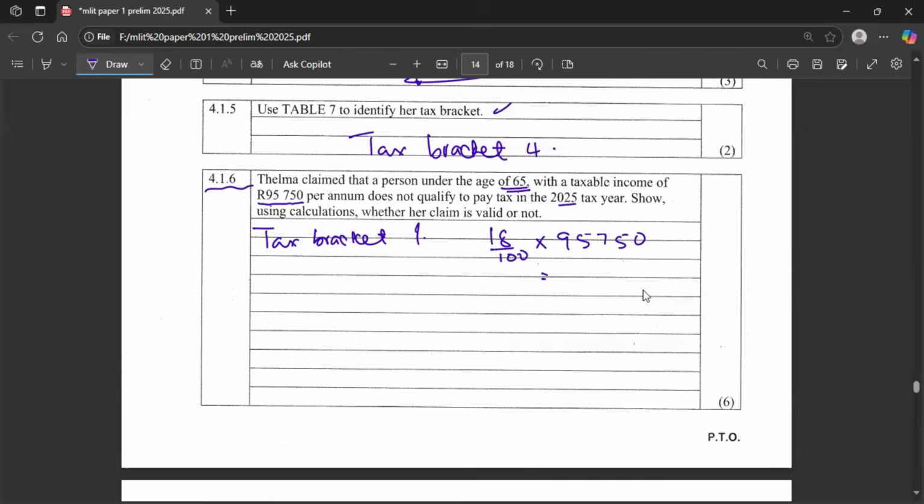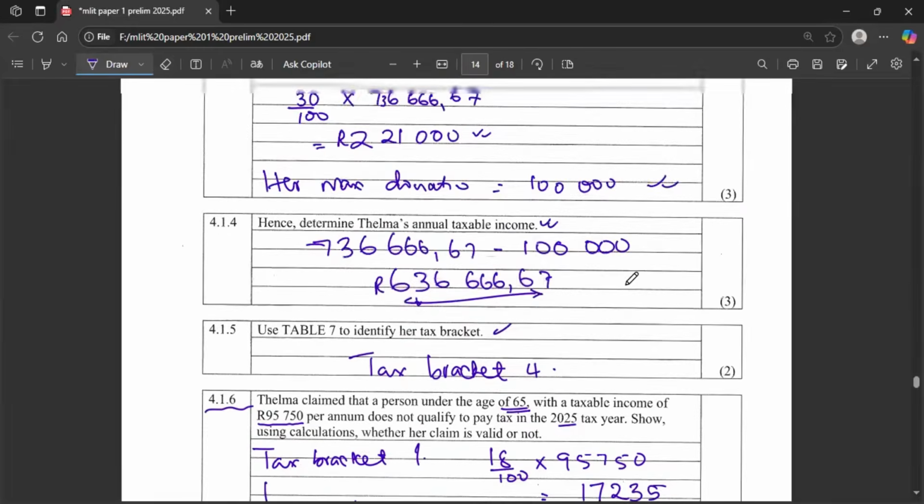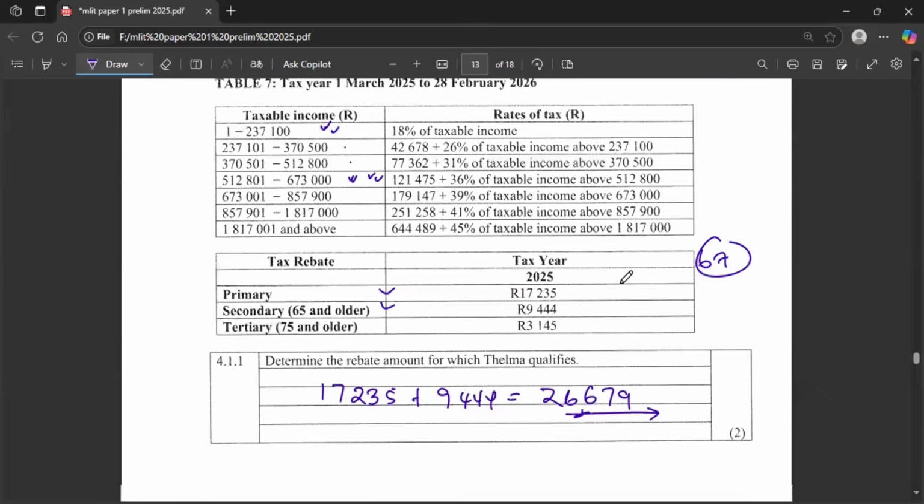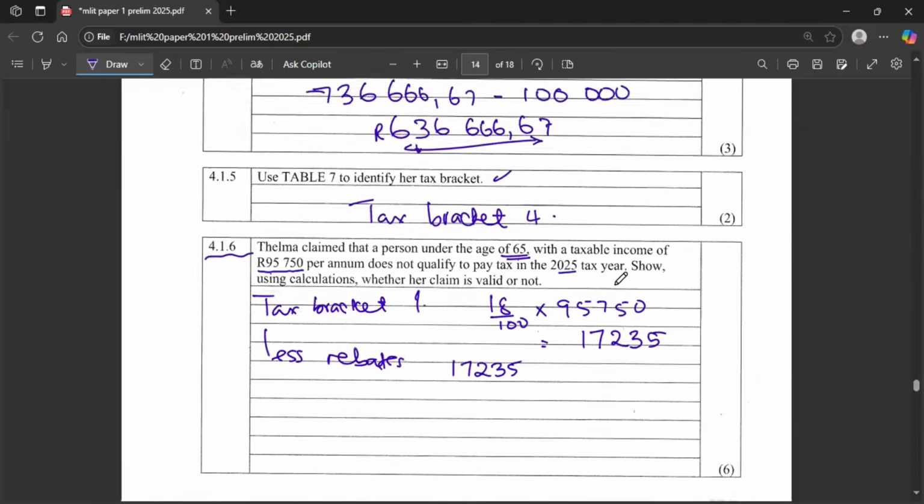So that's going to be 18 divided by 100 times 95,750, which gives me 17,235. Okay, then we're going to subtract the rebates. So we can say less rebates. This person is below 65, meaning that they only qualify for the primary rebate, which is 17,235.